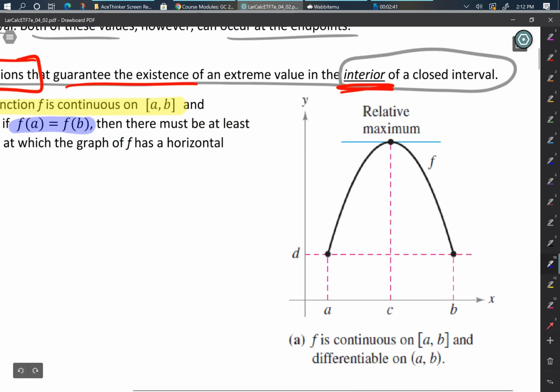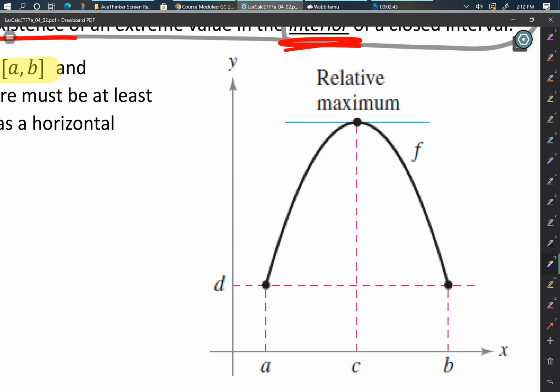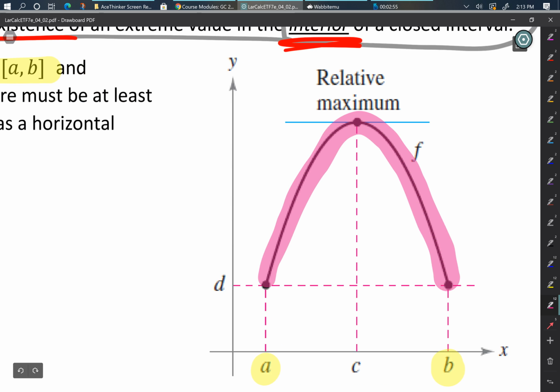So here's an example of a function that meets the definition of Rolle's theorem. Here's our closed interval a to b, and this function is continuous between a and b. I can draw the whole thing without picking my pen up. There are no sharp corners or any weirdness to it, so I could find the derivative for any value in there.